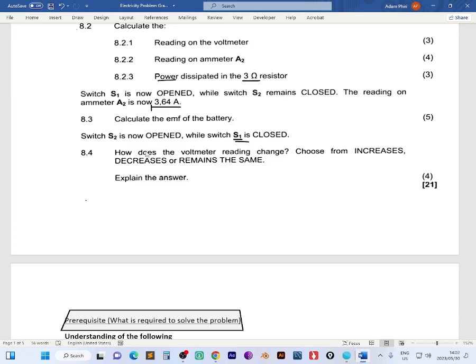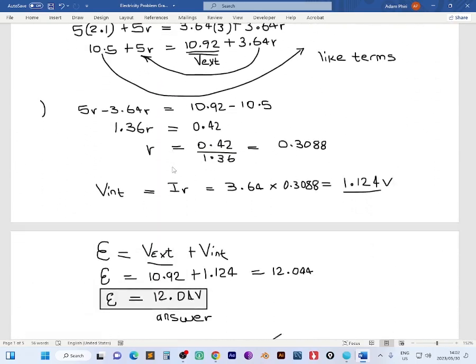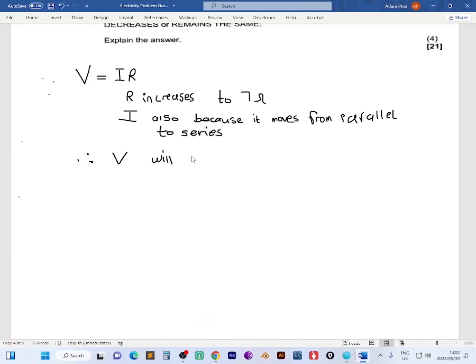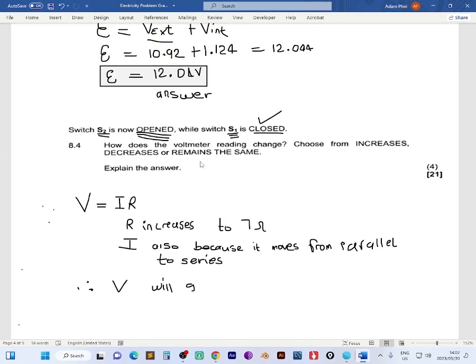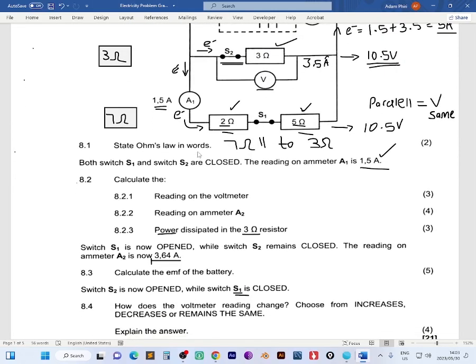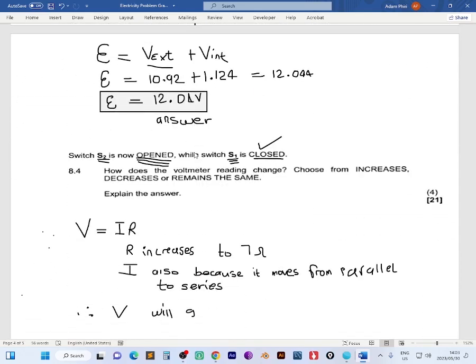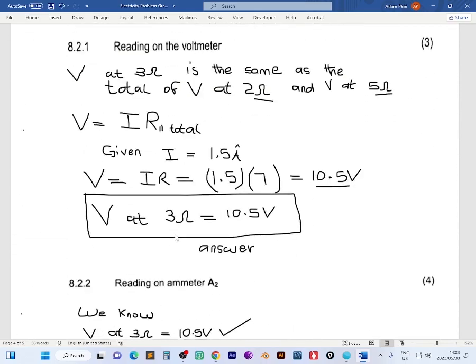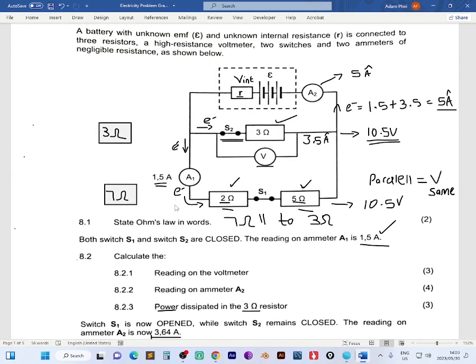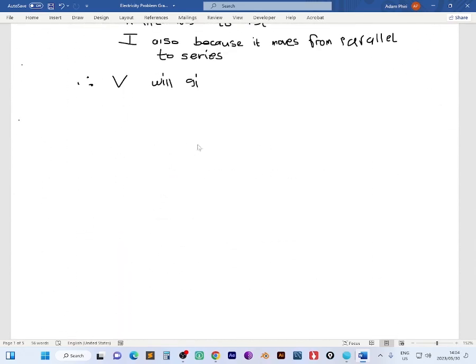So S1 is closed and S2 is open. So we go back. I just want to verify something. Let me just double check. S1 closed, S2 is open. So where's the potential difference? Potential difference at S2, right?